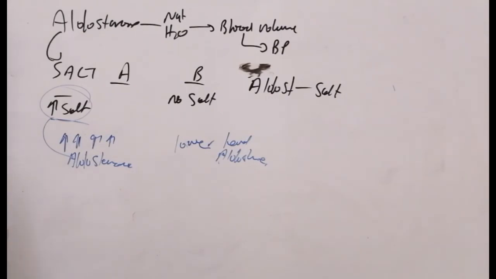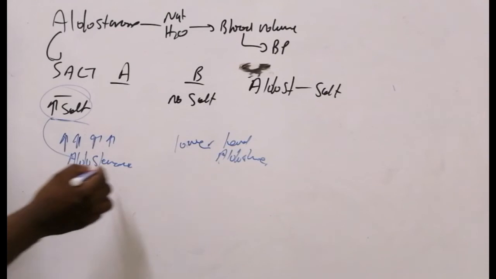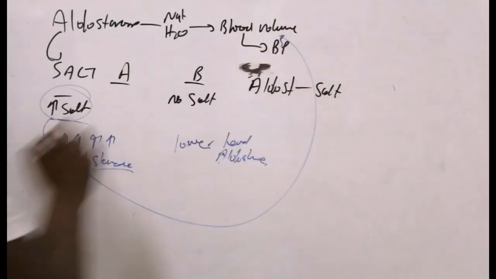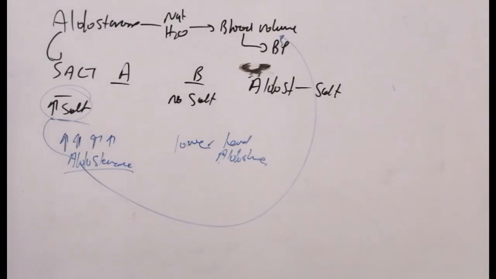And remember, when you've got a high aldosterone, it's like when you've got primary aldosteronism, where you have a tumor that is just secreting a lot of aldosterone.